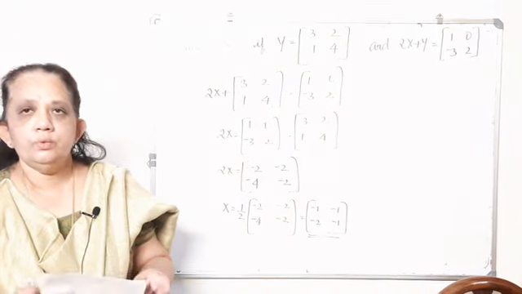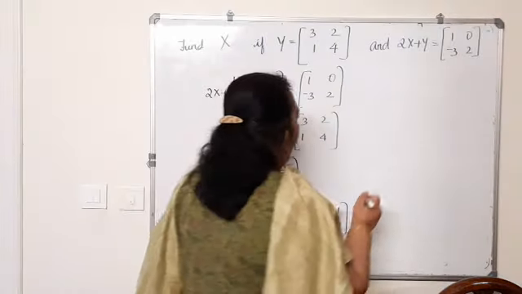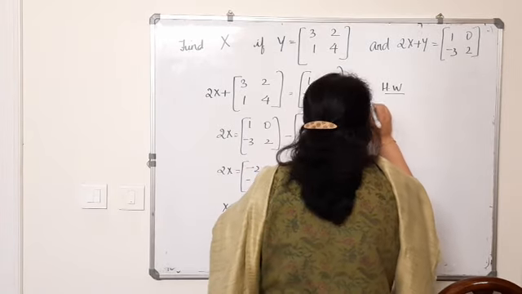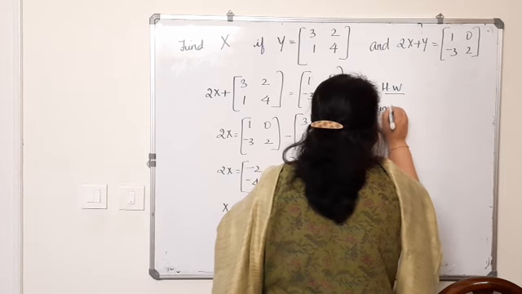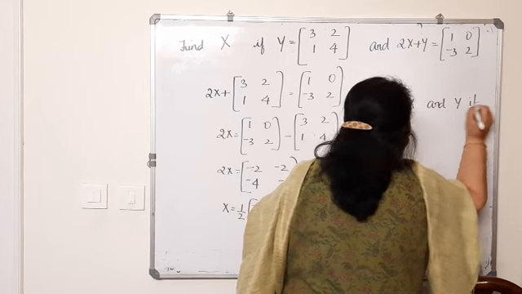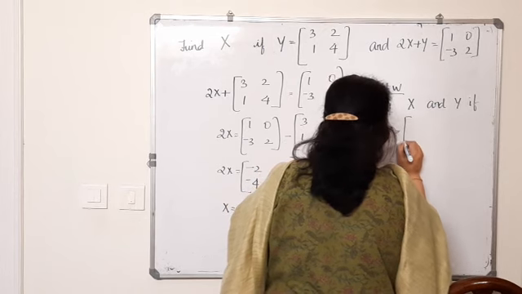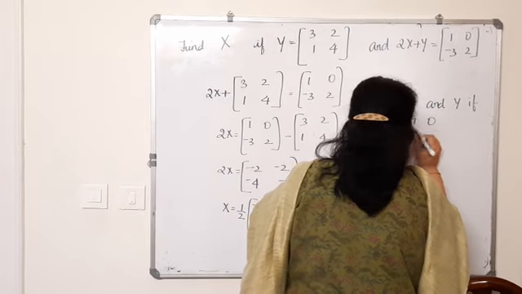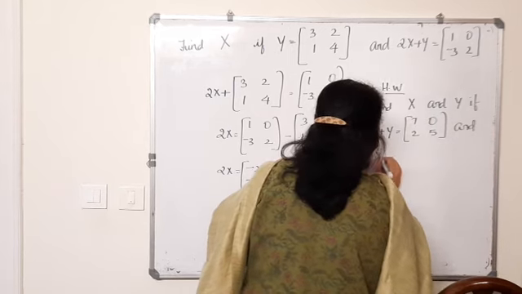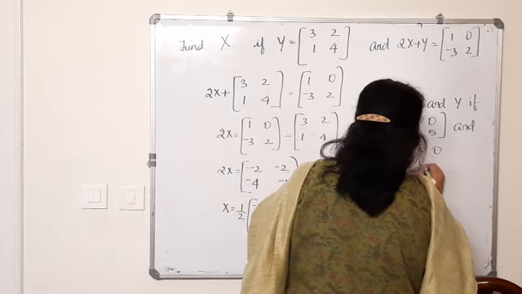Now I am giving you two questions as homework. You will do those two questions. Homework. Find x and y if x plus y is equal to matrix 7 0 2 5 and x minus y is equal to matrix 3 0 0 3.